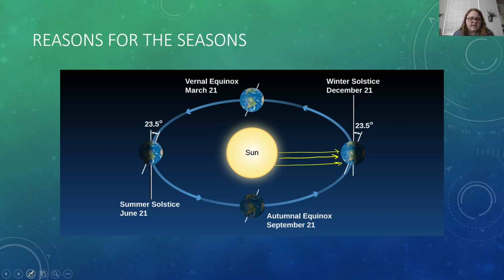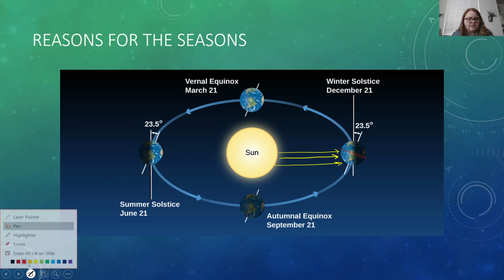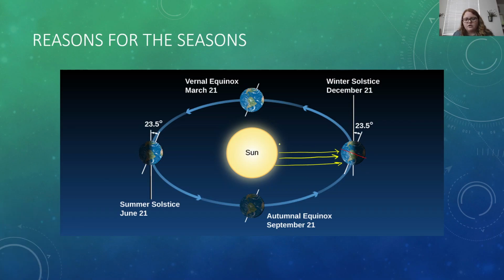So if you see that on the Earth here, this is approximately the equator, just cutting the Earth in half. We get a little bit of sun up here in the North Pole, all this area, but a lot more in the South Pole.